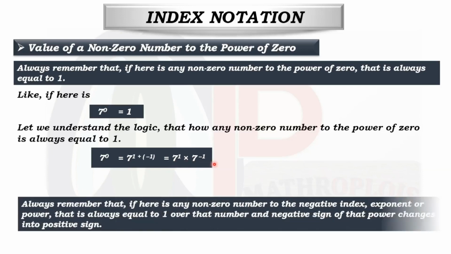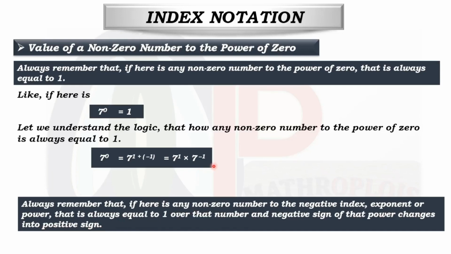Always remember that any non-zero number to the negative index, exponent, or power is always equal to 1 over that number, and the negative sign of that power changes into positive sign.